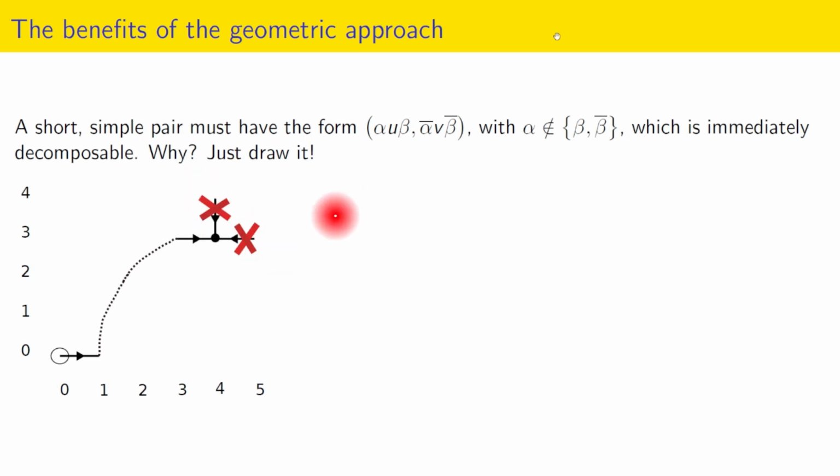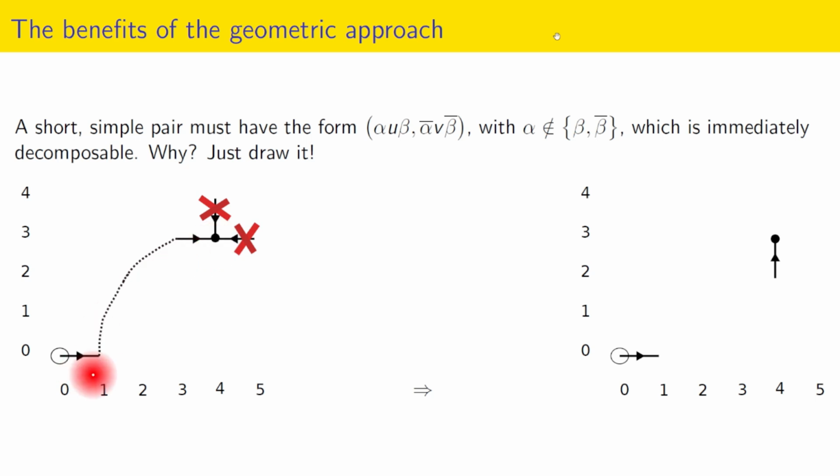But coming from the left is also excluded by virtue of now really geometrical arguments. Why? Because if you come from the left and then you want to go back here, whichever path you have taken in the middle, you must intersect it. And this is really obvious to see once you picture it.